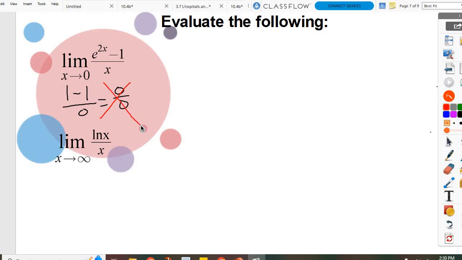And that is an indeterminate form. Agreed? Now, let's think about it. Can I factor that? Do I have any common things that I can factor out? Do I have a radical that we can rationalize?